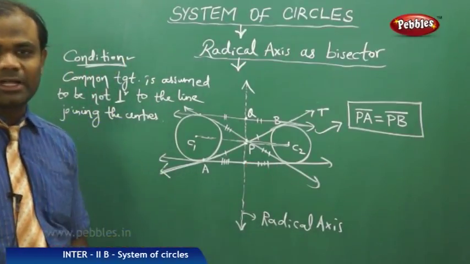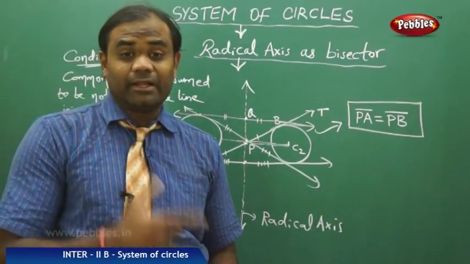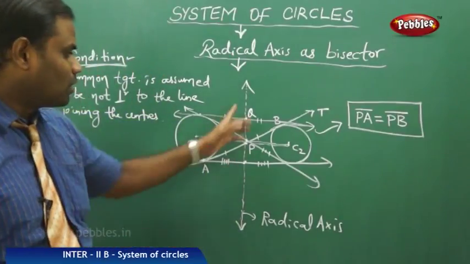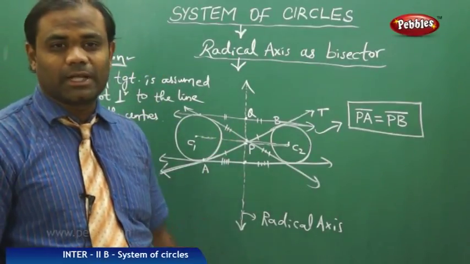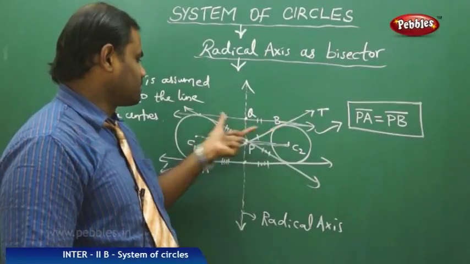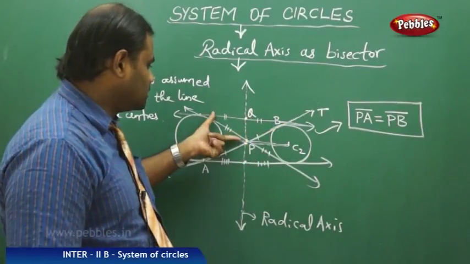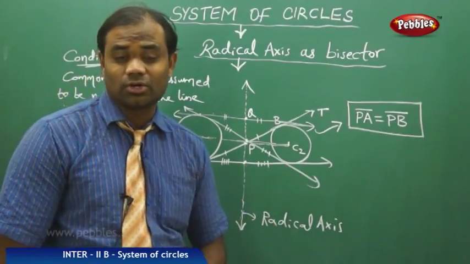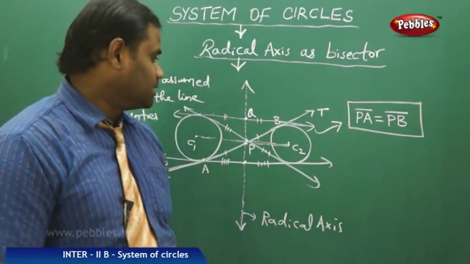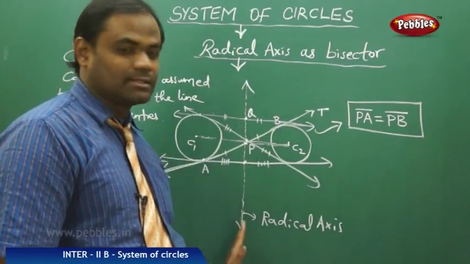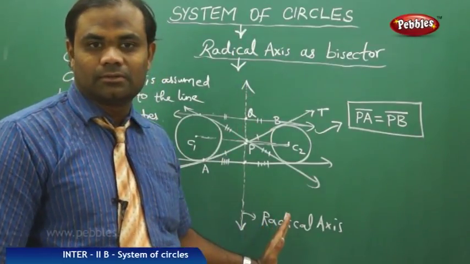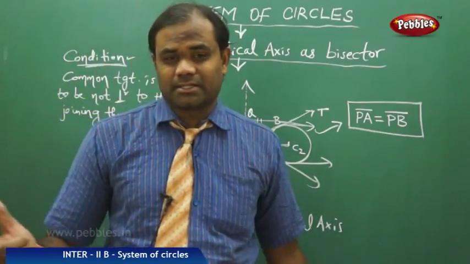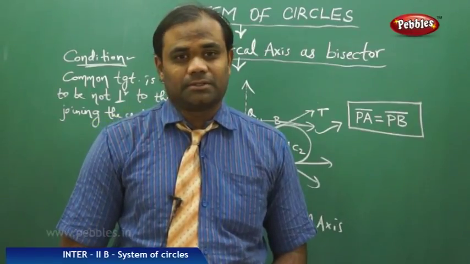So the radical axis bisects each of the common tangents. There are four common tangents, so this equals this, this equals this, and this equals this are the four bisections which we identify through the radical axis. So the radical axis bisects the common tangents.